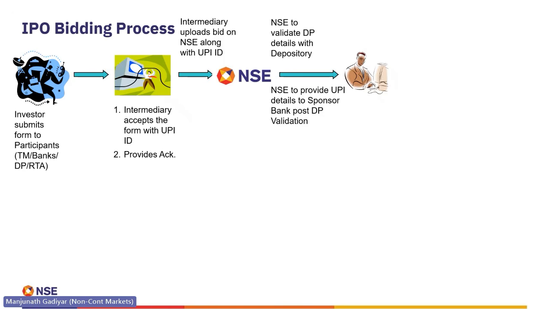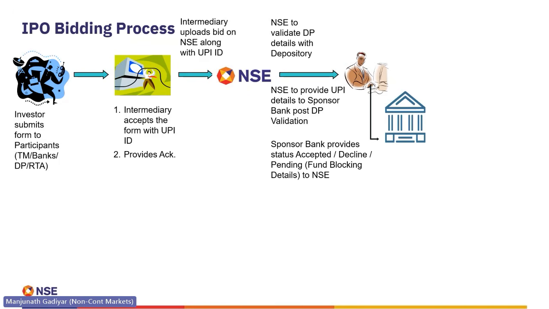Those details are passed on to the NSE eIPO platform, as I said, via either manual bulk upload or the API route. Once these bids are received at the exchange end, the exchange does a DP validation with both the depositories. If it is CDSL, DP validation will be done at CDSL; if it is NSDL, at NSDL. Once the details are successful, the ASBA bidding process is completed, but the UPI bidding will continue and UPI bids will go to the sponsor bank.